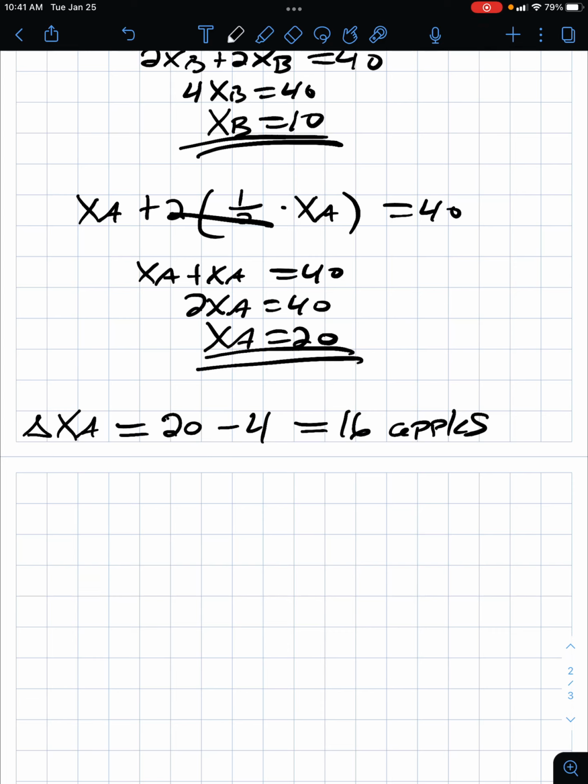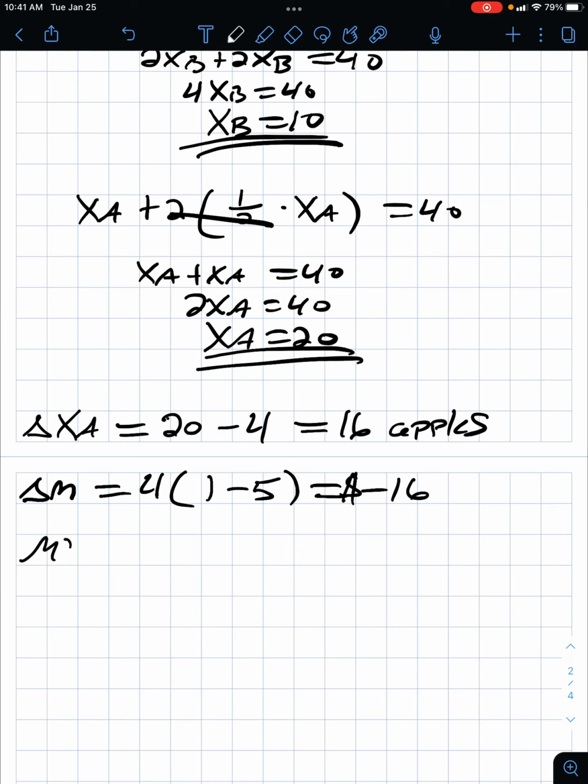Now let's find the change of her income. This is going to be equal to the original demand for apples, 4, times the new price of apples, 1, minus the old price, which is 5. This gives us negative 16. So her income decreases by 16.